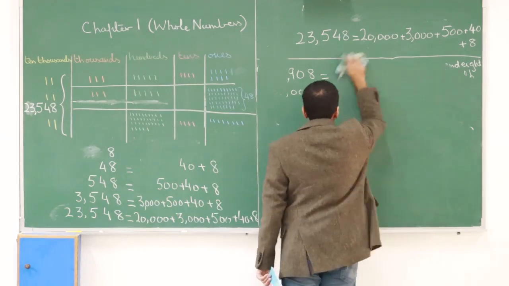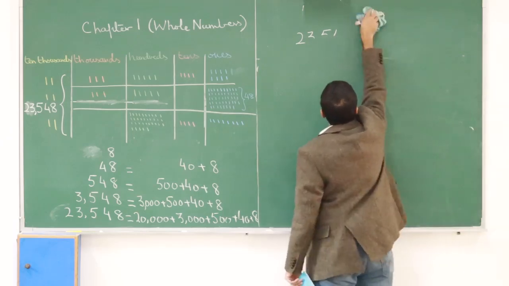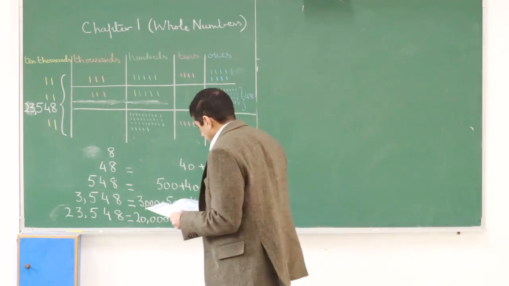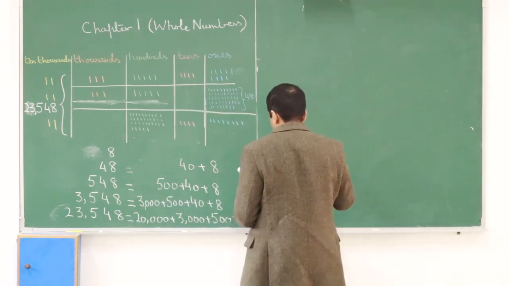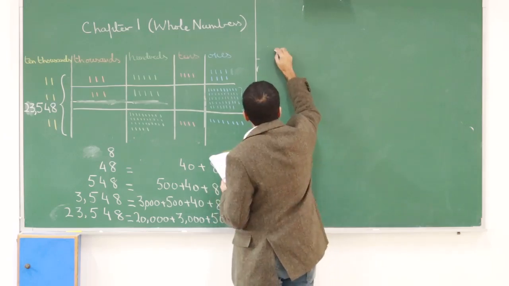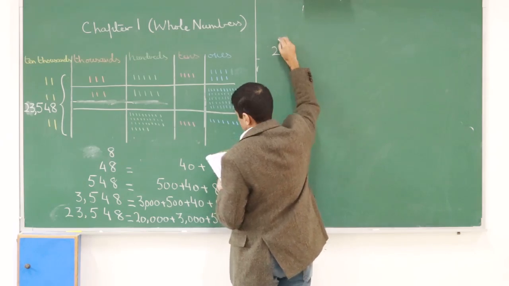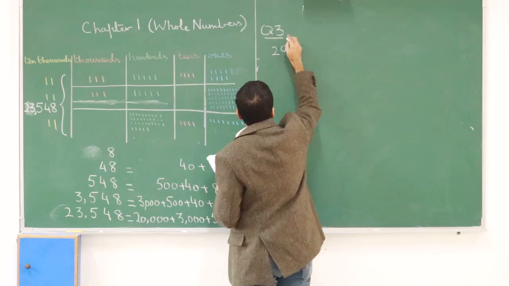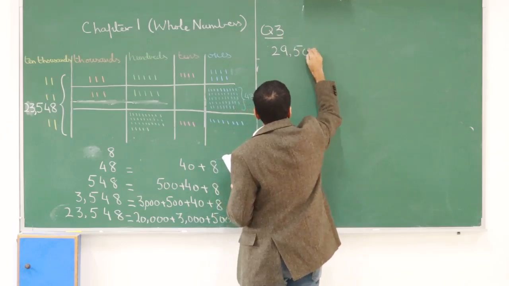And so now let's look at very quickly, let's look at the missing numbers. So now you help me with the missing numbers. This is some sequences. So this is question 3. 29,500.